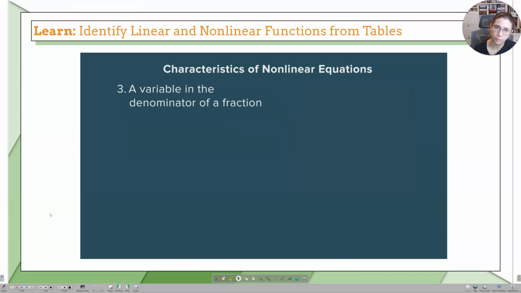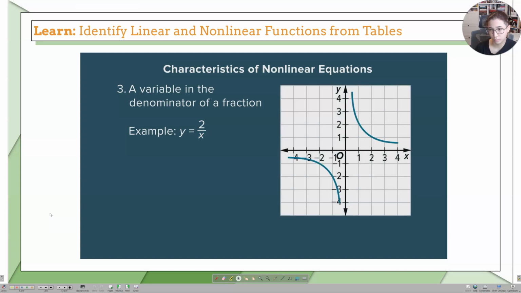A third type of nonlinear equation includes a variable in the denominator of a fraction. For instance, the equation y equals 2 divided by x is nonlinear because it includes the variable x in the denominator of a fraction. A graph confirms that this equation is nonlinear. You have now seen some of the characteristics that can be used to identify nonlinear equations.